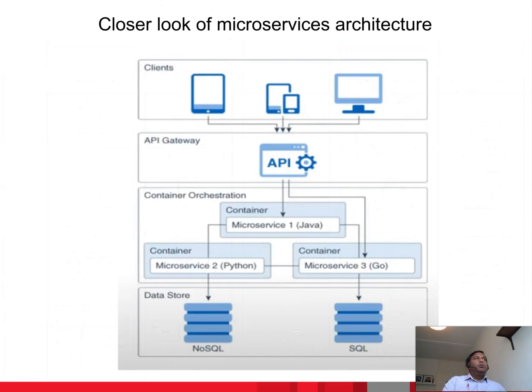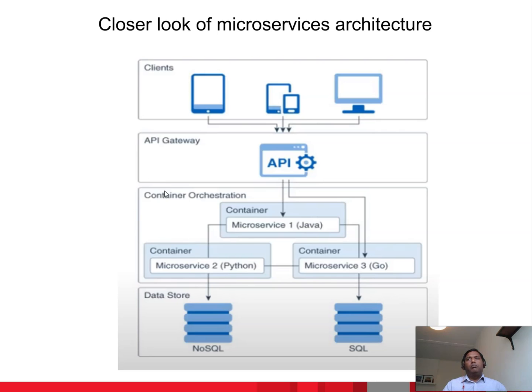Now if you take a closer look at the microservices architecture, we can see the difference here: each microservice is developed in a different technology. They have their own database. And one of the new things which you might see here is something called container orchestration. Container orchestration is nothing but managing the requests from different containers and doing the orchestration.